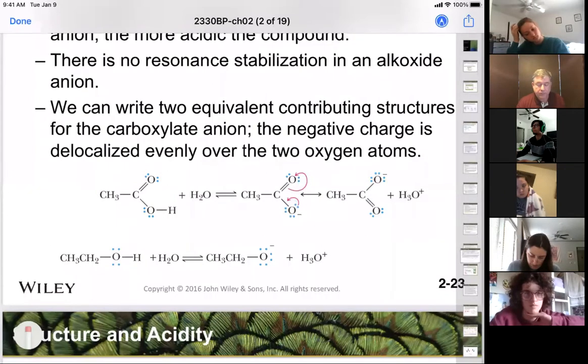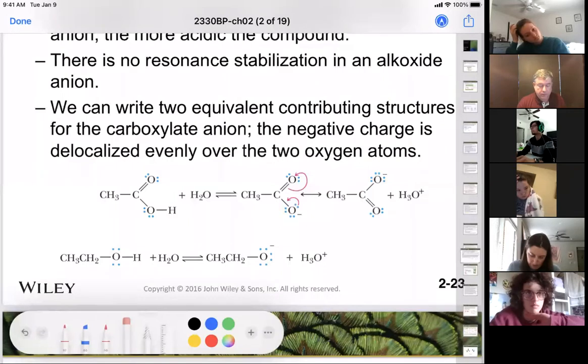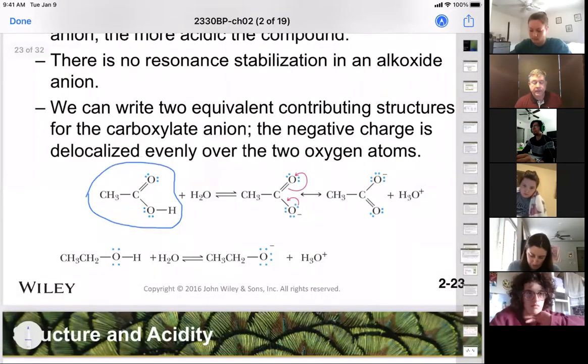So in this case here, if we drew a correct Lewis dot structure for our acetic acid, it would look something like this. And then if we took one of those protons away, that means this lone pair gets put back on that oxygen. The hydrogen goes away without the proton, without any electrons. It's been donated to the other base.